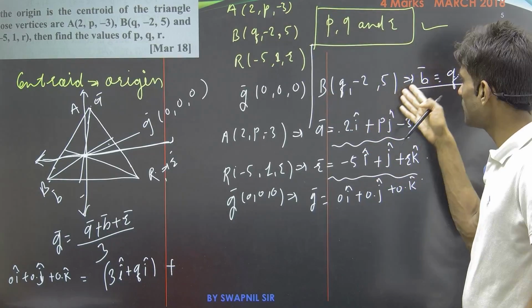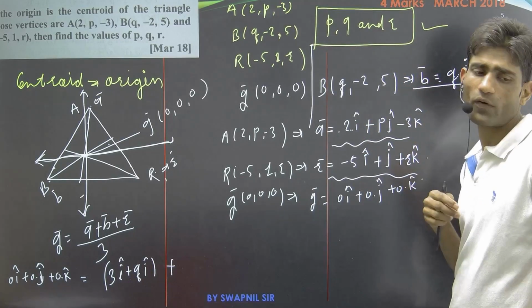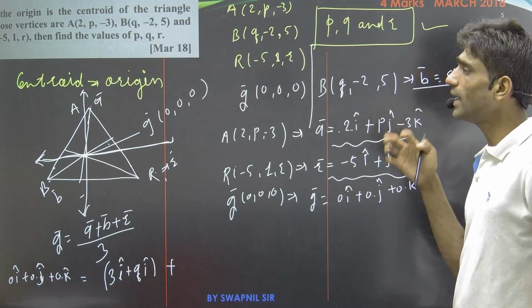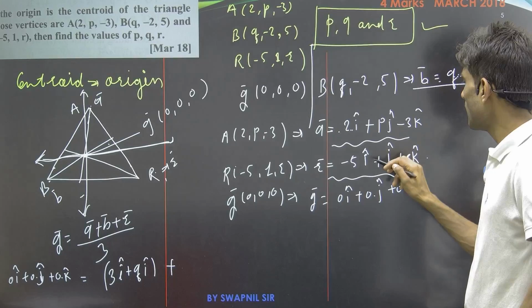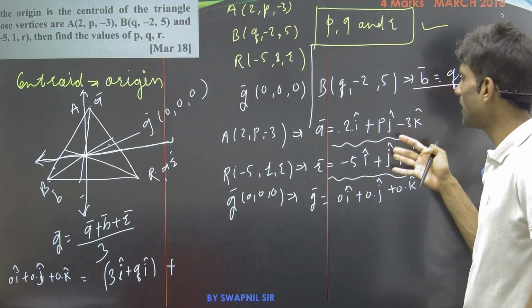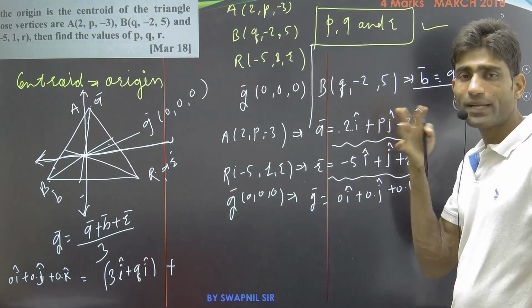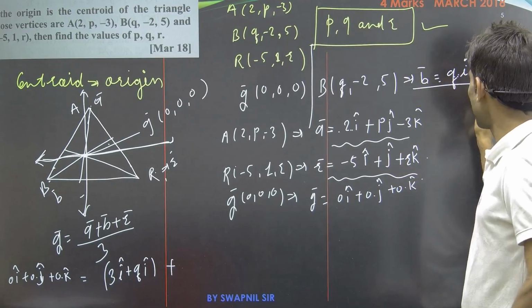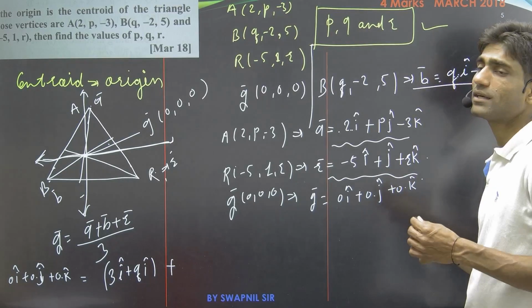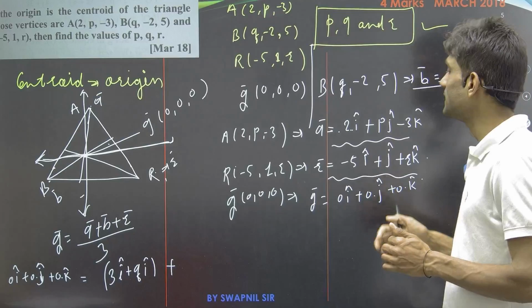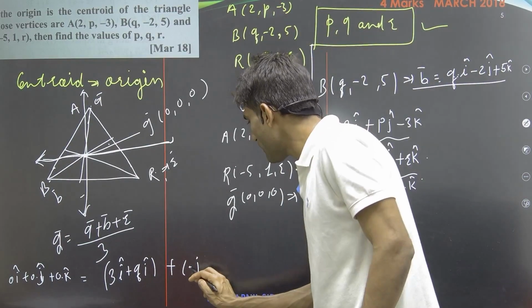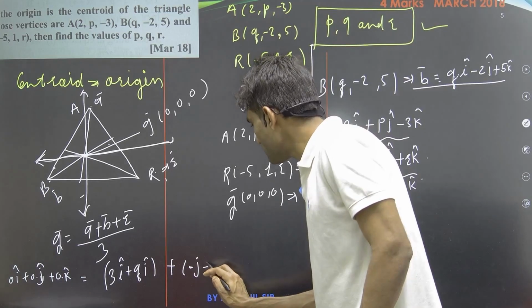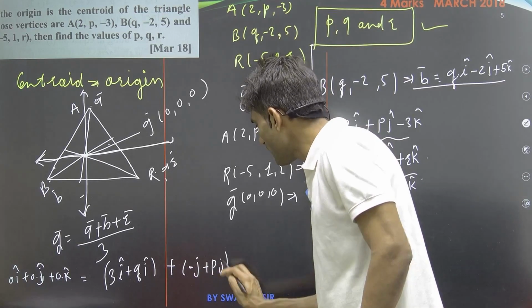So I added all the coefficients for i cap. Similarly, add all the coefficients for j cap: minus 2 j cap plus j cap can be written as minus j cap, plus p times j cap.